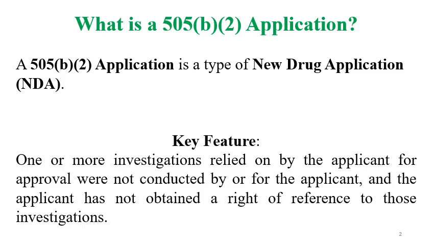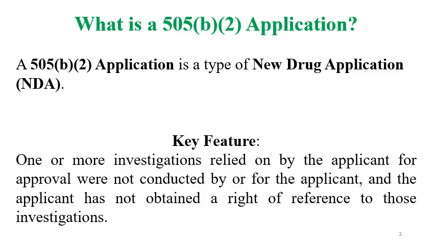So now the meaning of this is some of the investigations will be done by the 505(b)(2) applicant, and some of the investigations will not be done by the 505(b)(2) applicant, but these investigations are referenced from the full NDA.